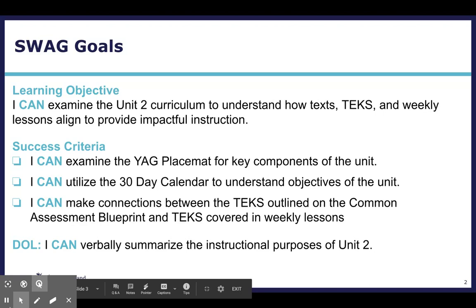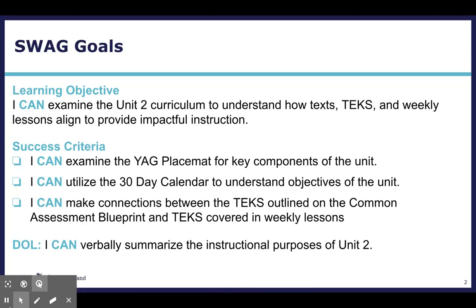Now let's take a look at our SWAG goals. Our learning objective for Unit 2 SWAG is, I can examine the Unit 2 curriculum to understand how text, TEKS, and weekly lessons align to provide impactful instruction. Our success criteria: I can examine the YAG Placemat for key components of the unit.